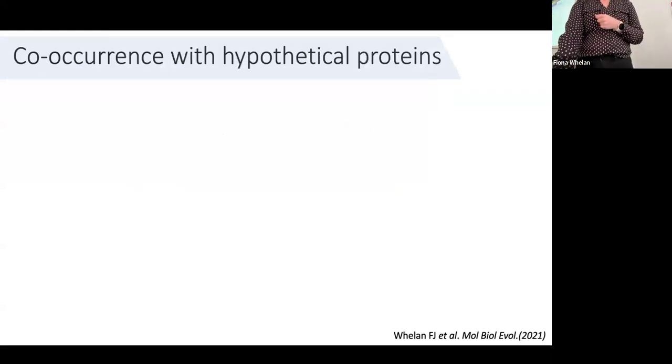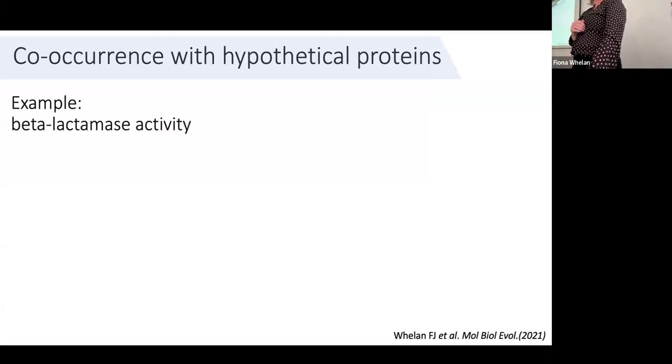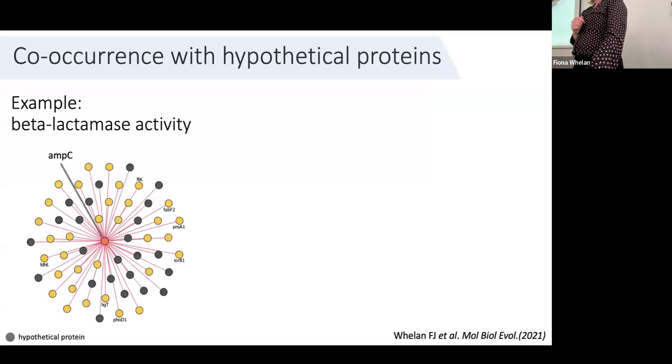And just to go back to that idea of hypothetical proteins, I can't remember the exact proportion, but a very large number of the genes that co-occurred were just labeled as hypothetical, which, as I think most of us know as bioinformaticians, is such a big issue in our data sets. Just as one example, there's this ampC gene, which is associated with antimicrobial resistance, beta-lactamase activity.